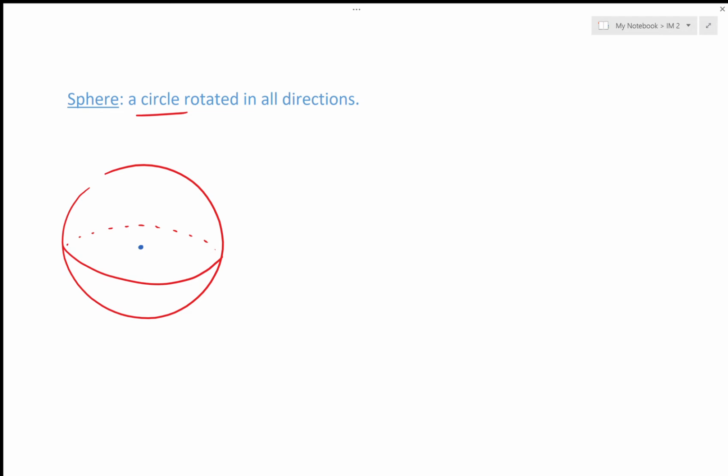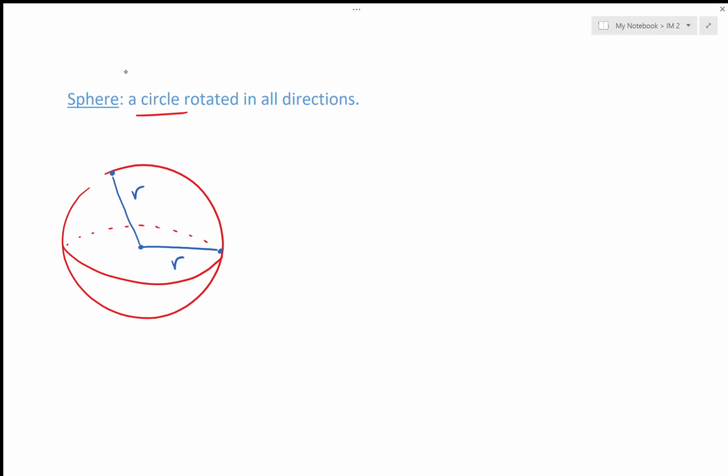The same thing for the sphere. From the middle of this sphere to anywhere on the edge of it, doesn't just have to be on this middle part, but anywhere. Say from there to there, to the edge of that, that is a radius. I could also go from here, just any random point out here, that's also the radius. So any of those is the radius as long as it goes from the center to the outside.